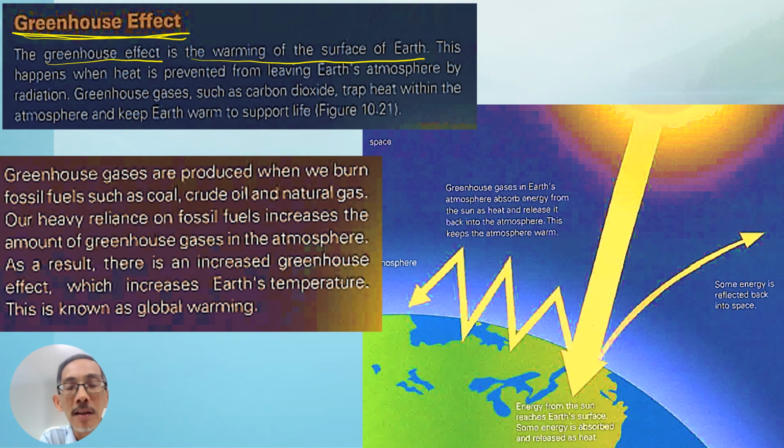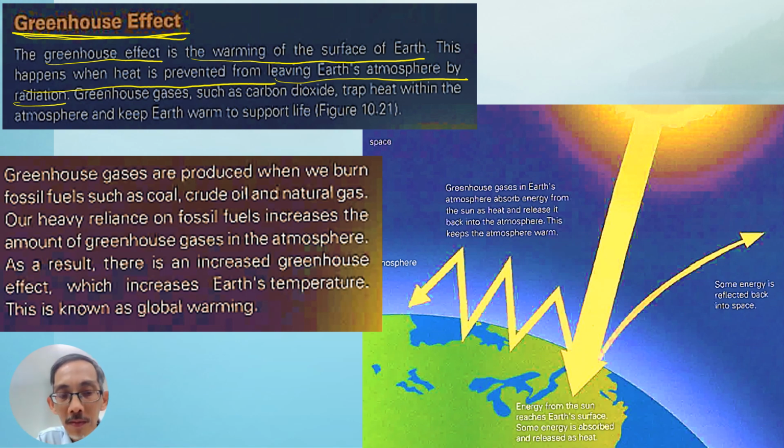Of course, when the sun's radiation reaches Earth, it will heat up the atmosphere and also the surface of the Earth. Okay, so why is this greenhouse effect so important? Okay, so the only issue is that when the heat is prevented from leaving the Earth's atmosphere by radiation.